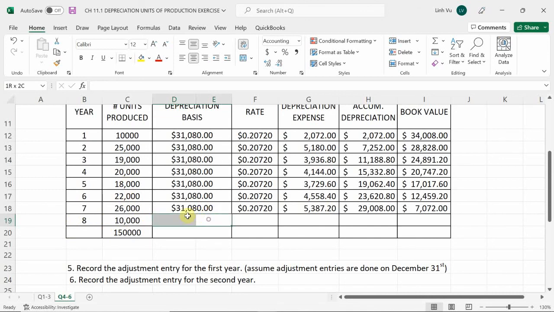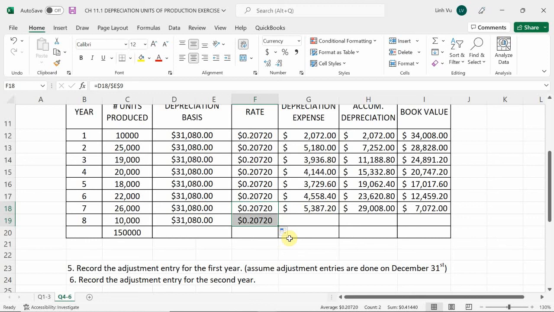Okay? Now, what's my depreciation basis if you were to just go ahead and do it? It would basically be the same way. And the rate is the same.